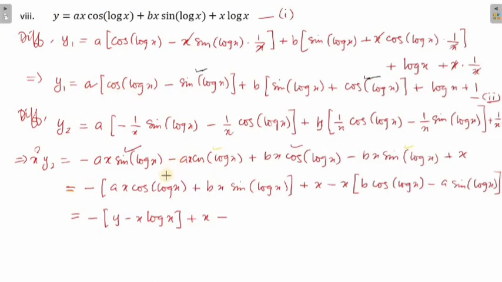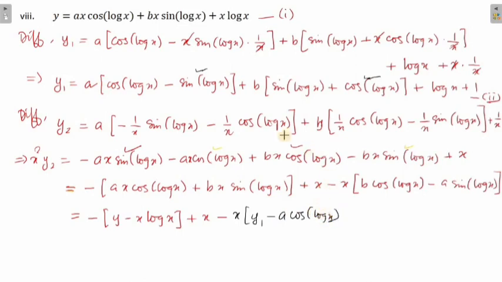So we have x already here. Open the bracket, b cos log x minus a sine log x. Send everything to the right hand side. We already have y1 on the right hand side. Now this goes to the right hand side: this is plus a cos log x, so when it goes over there, it becomes minus a cos log x.